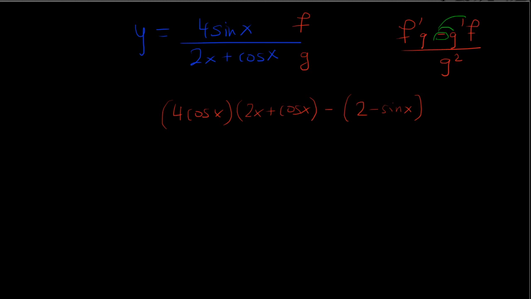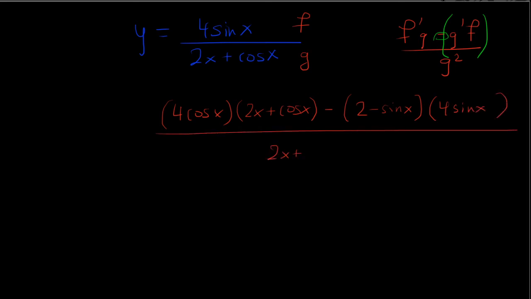In this case, you want to be careful to put it in parentheses, so you won't run into any issues. Then times f, which is 4 sine x, all over 2x plus cosine x quantity squared.